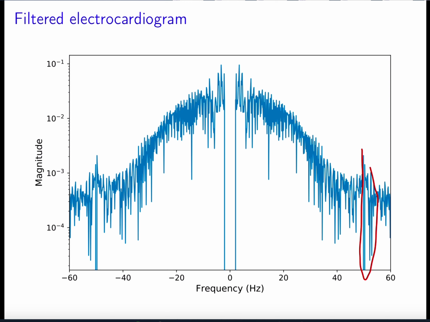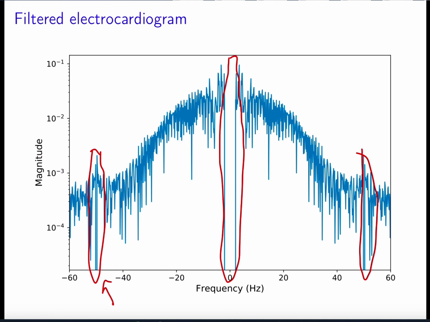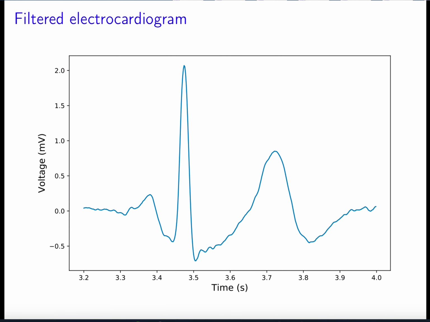Here you can see that they have been removed, and we're going to add up all coefficients except these ones, and these ones. And we're going to reconstruct the signal without including those. This is called band stop filtering in the literature, because you're eliminating this band around 50 hertz. And when you do that, boom, you get a filtered electrocardiogram that does not have these fluctuations.